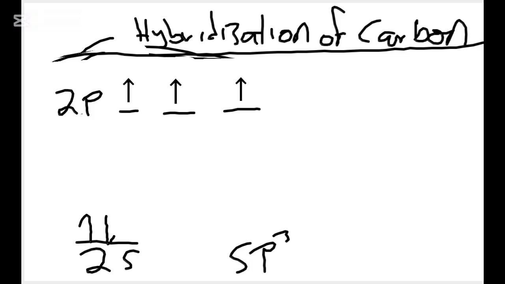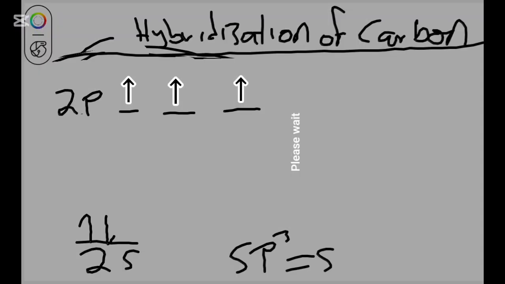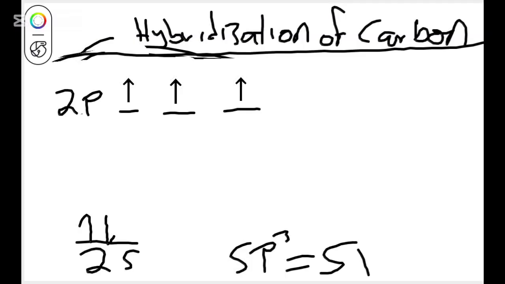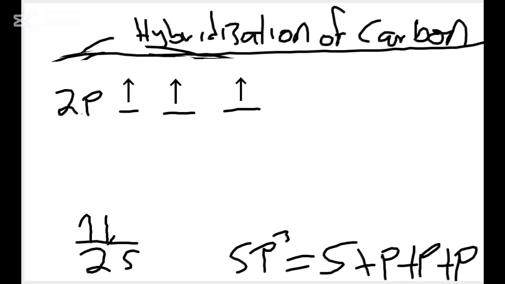But you have to keep in mind that sp3 means that we need to mix s plus p plus p plus p. So where should we put the sp3 orbitals? Should we put them at the same energy level as the 2p orbitals, or the 2s, or somewhere in between them?